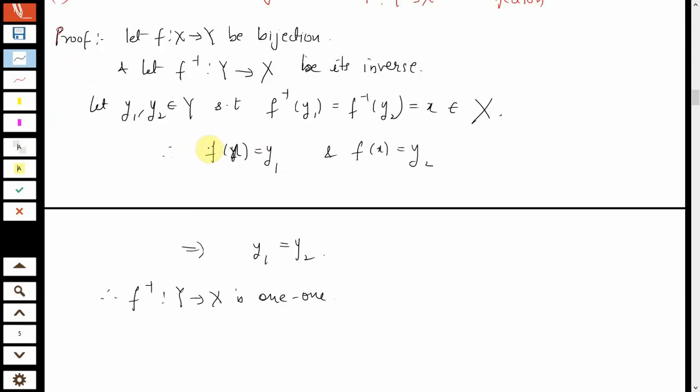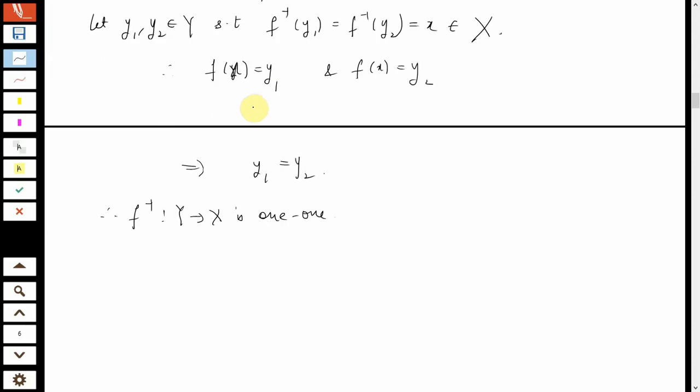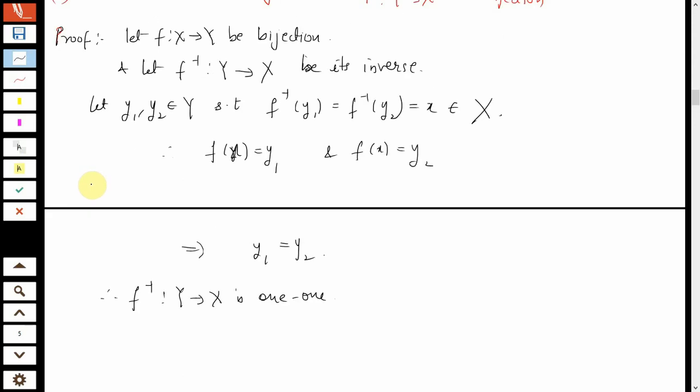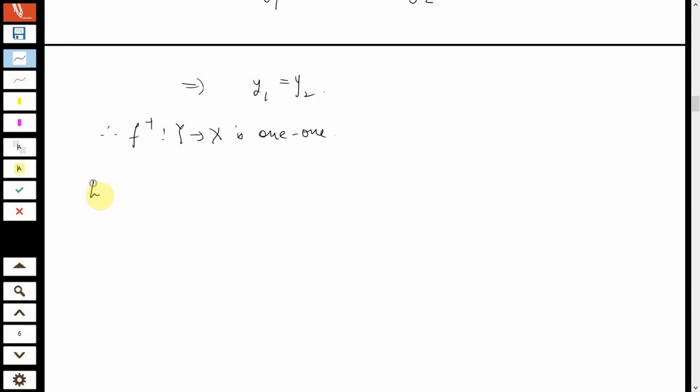So basically if I start with any x in X, I want to establish y in Y such that f inverse of y is equal to x. That is basically same as saying y is equal to f of x. So let me start with any point in X. Let x belong to X.